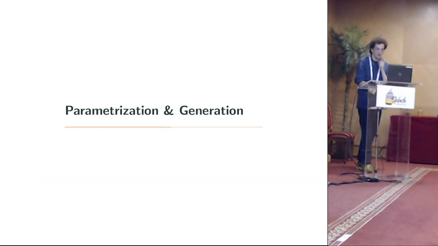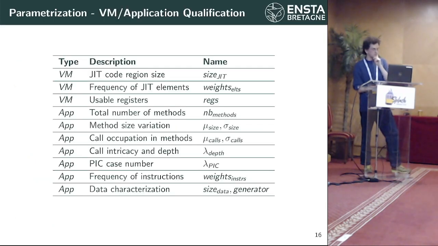For parameters, I will go over them quickly. Basically, they are split into what qualifies your VM and what qualifies your application. For a VM, we have a JIT code region size that we fix, the frequency of the different JIT elements, so methods and inline caches, and the different usable registers that we might need, so we control the environment of our generated binary.